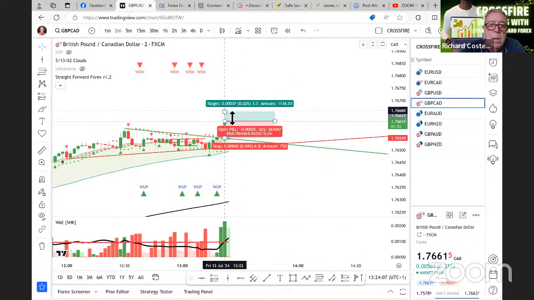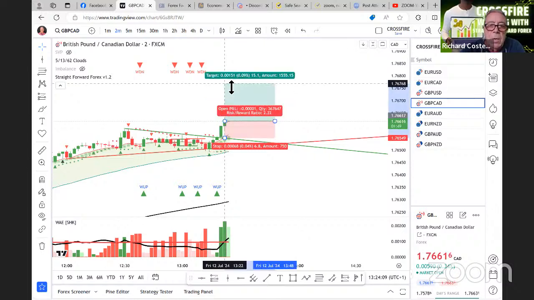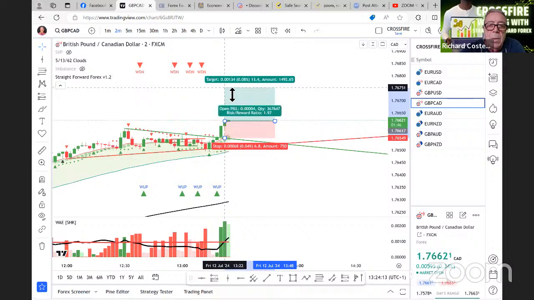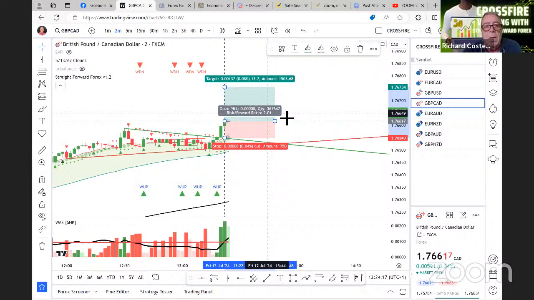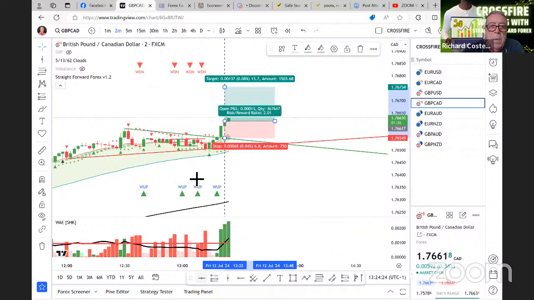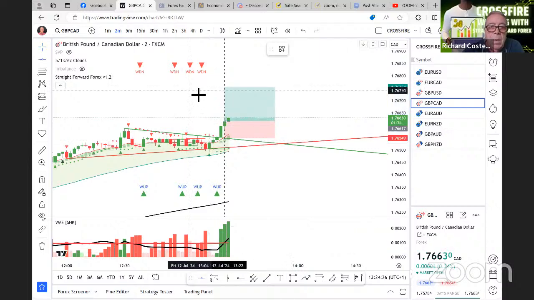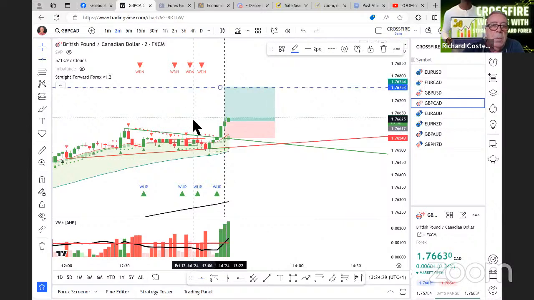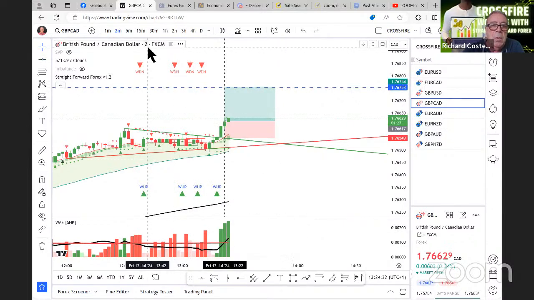mark my target. So I need that number there to be 2. It's slightly more, it's 2.01, but we're not going to worry about that. I'm going to mark that as my target. I'm going to go up to the 15-minute chart and I'm going to look left.